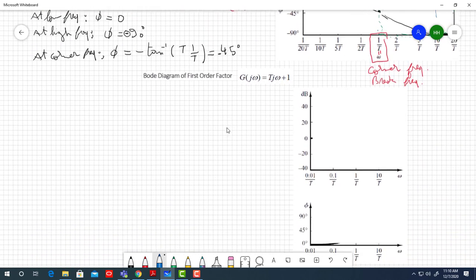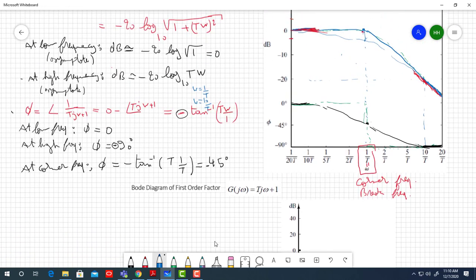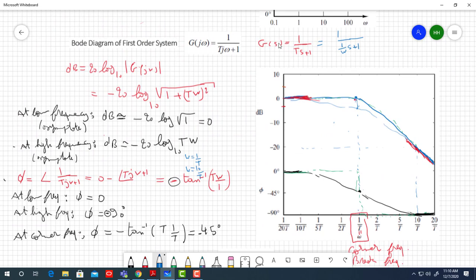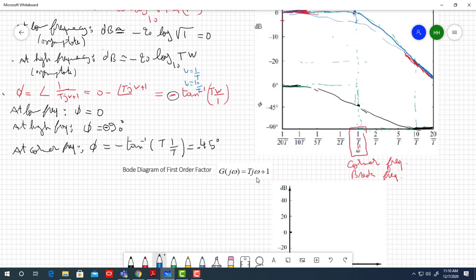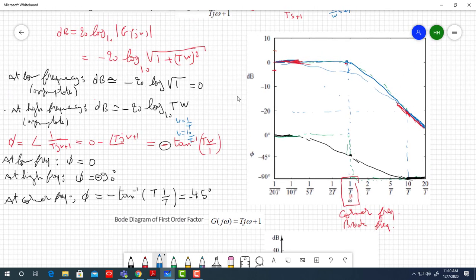So now let's draw for the first order factor. It's not 1 over ts plus 1, it's basically ts plus 1. So it's a derivative term, and I expect a slope of plus 20 decibel per decade, not like this one, which is minus 20 decibel per decade.